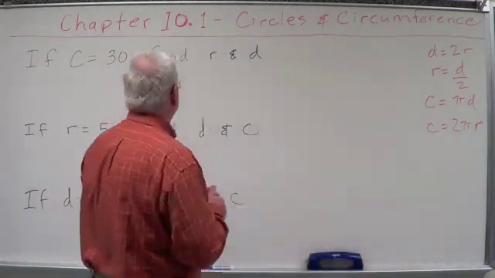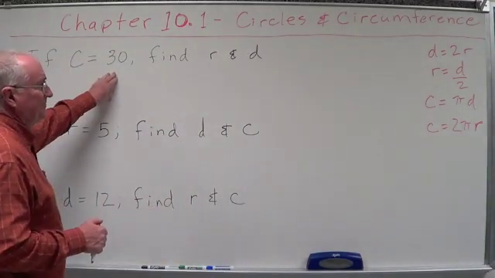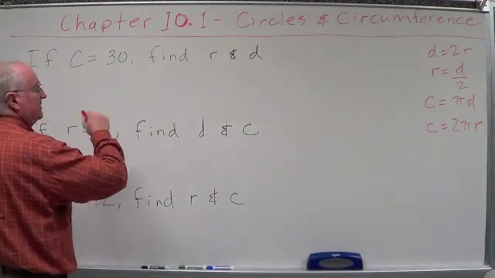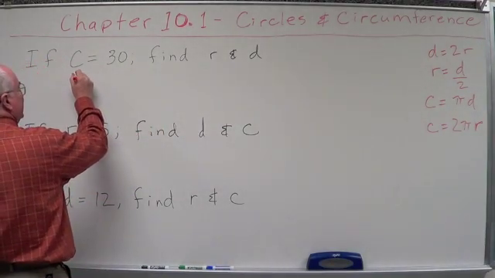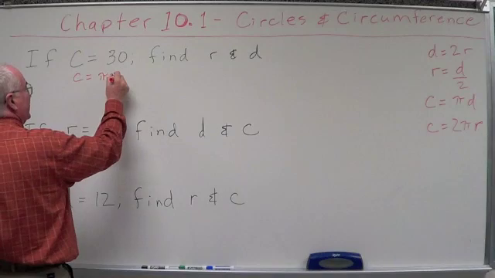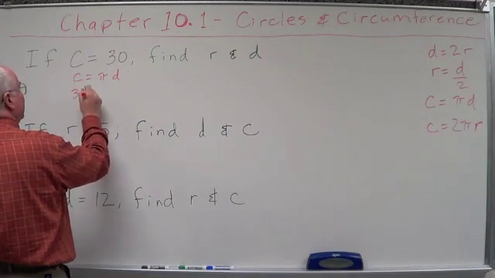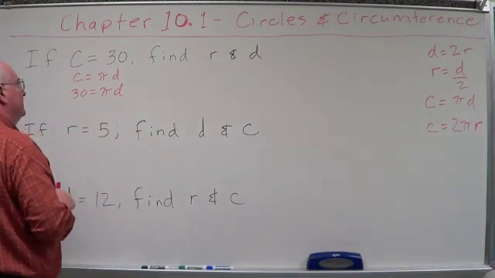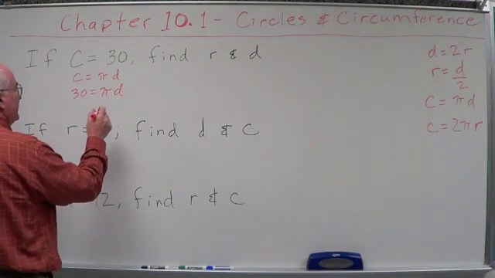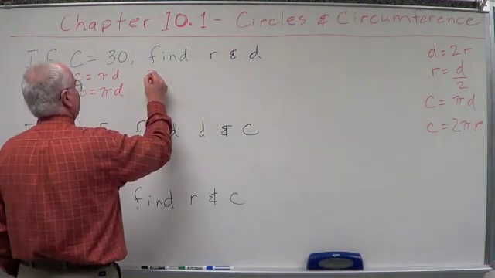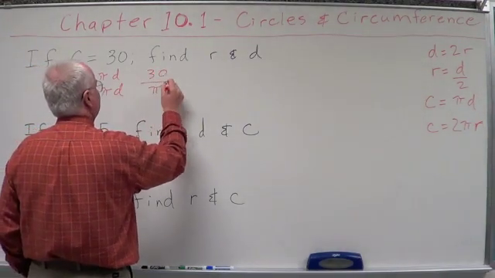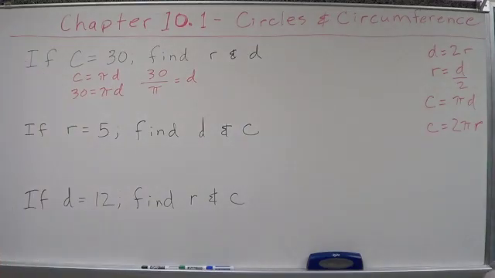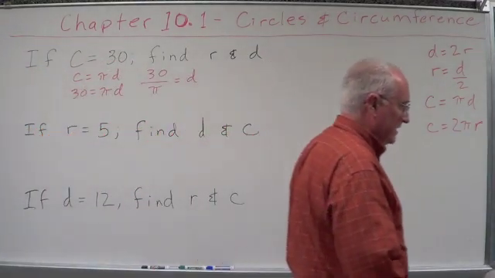So let's use those. If I have C equals 30, let's go to d. That's going to be C equals pi d, so 30 equals pi d. I want to solve for d, so that would be 30 divided by pi equals d. Let's get a calculator and see what that is.